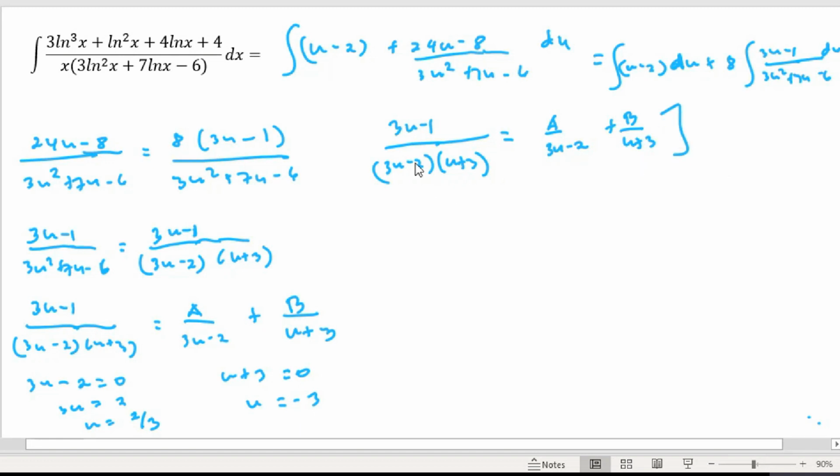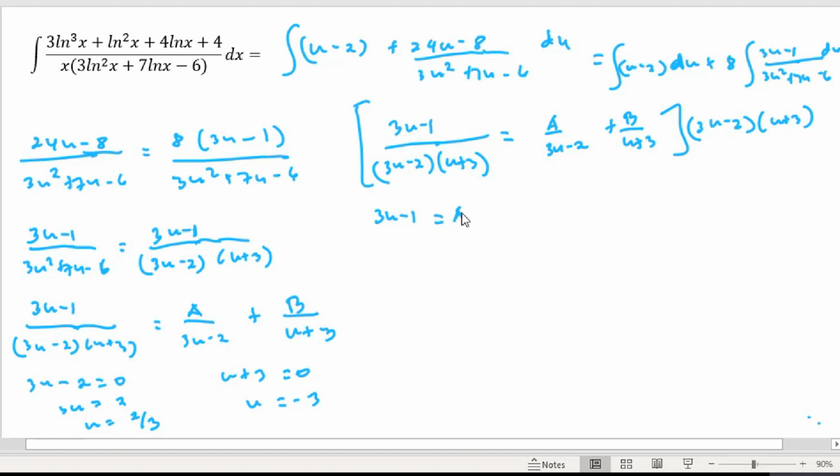To eliminate the denominator on the left side, I multiply by the LCM, which is 3u minus 2 times u plus 3. So the LCM divided by this is equal to 1 times the numerator, 3u minus 1. The LCM divided by 3u minus 2, the quotient is u plus 3 times a.